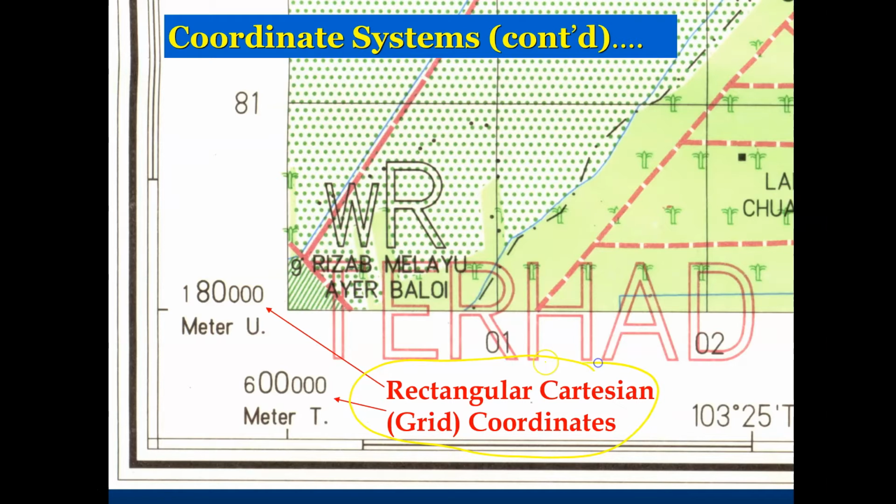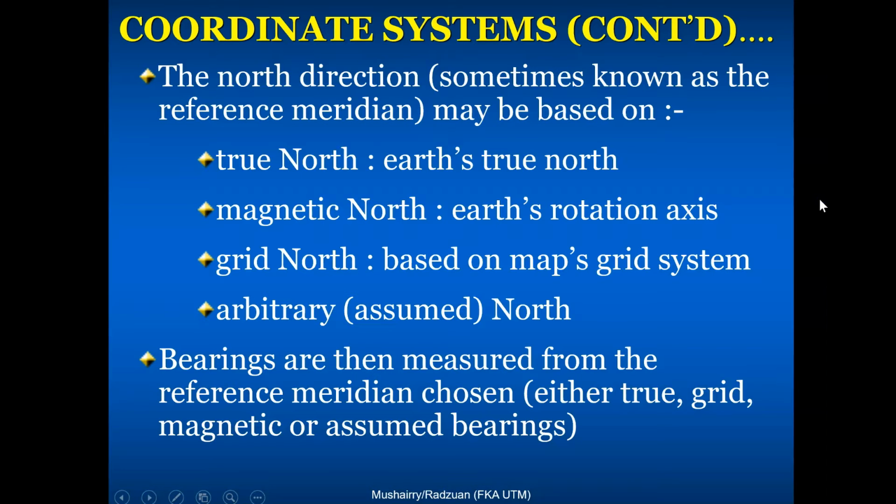It simply means, here it says at this corner of the map, the coordinate is 180,000 north, N simply means north, and 600,000 meter easting, or E, which means easting. Okay, the normal coordinate system I think you used to deal with. We call it Cartesian coordinate system.